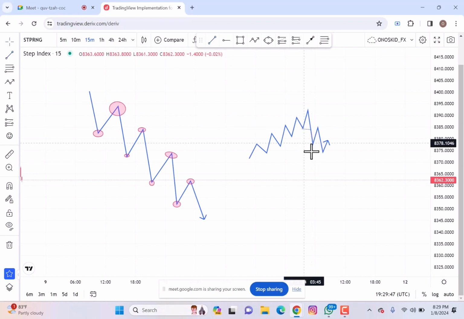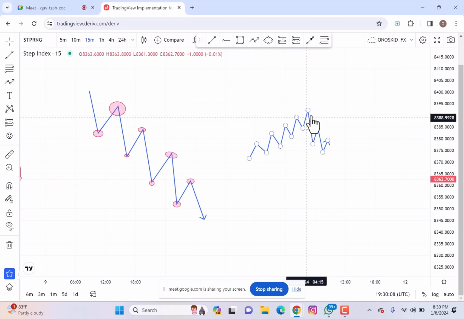What happened here? Why do I say so? You see, the market was creating a series of higher high, higher low, higher high, higher low, higher high. Remember the characteristic of a bullish market is that it must be creating a series of higher highs and higher lows, and there must be a continuous break of structure to the upward side.